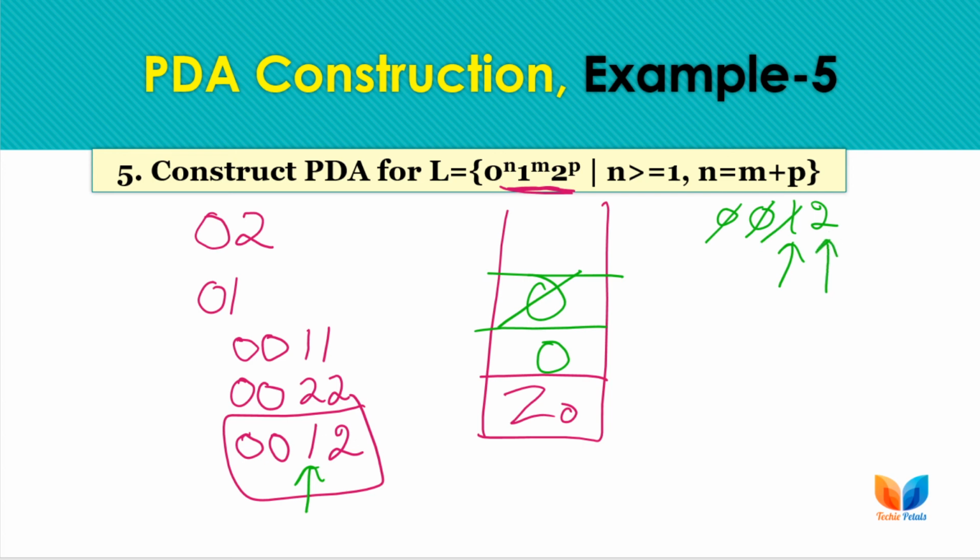Next, for this 2 we pop another 0 from the stack. At the end, the input is null and the stack top is Z0, so we have the acceptance criteria and the string is accepted. Okay, so this is the PDA.